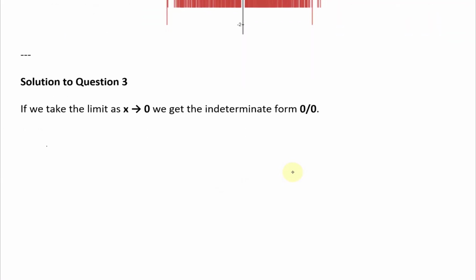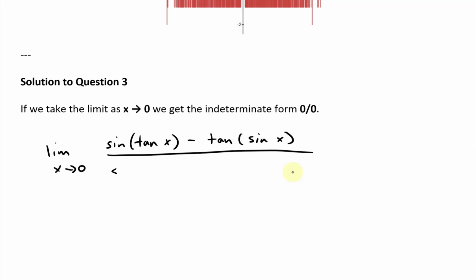For example, just to show you, the limit as x approaches 0 of sine of tan of x minus tan of sine of x, divided by inverse sine of inverse tan of x minus inverse tan of inverse sine of x, like that.